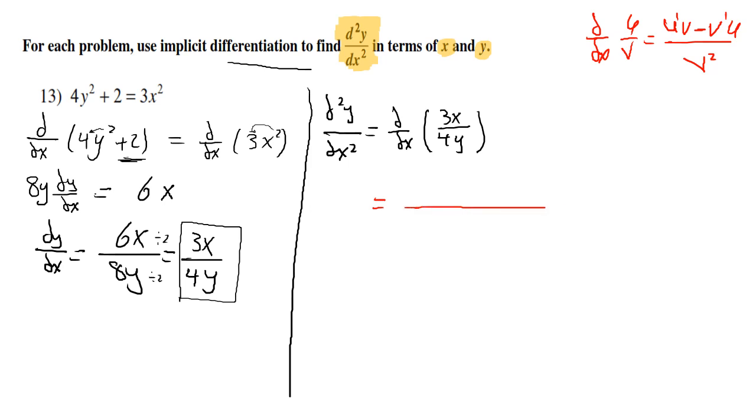So the square of 4y. The derivative of 3x is 3 multiplied by the base, minus the derivative of the base, which is 4 dy by dx, multiplied by the numerator 3x. Notice that the derivative of y is dy by dx. This is the second derivative of y.